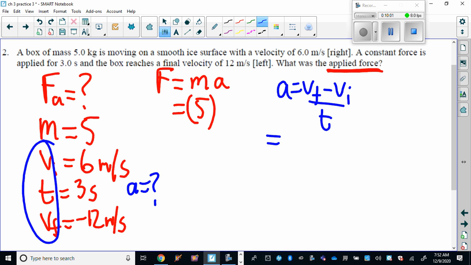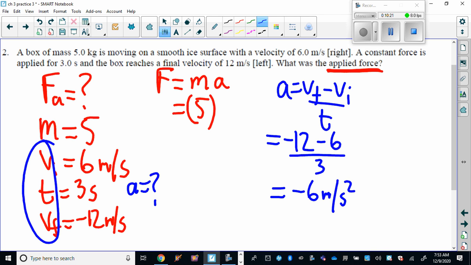vf is negative 12 minus 6 divided by the time, which is 3 seconds, which would be negative 18 divided by 3. That's going to be negative 6 meters per second squared, which means the acceleration is in the opposite direction.